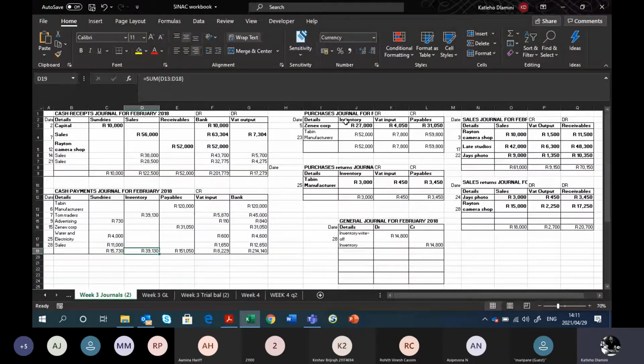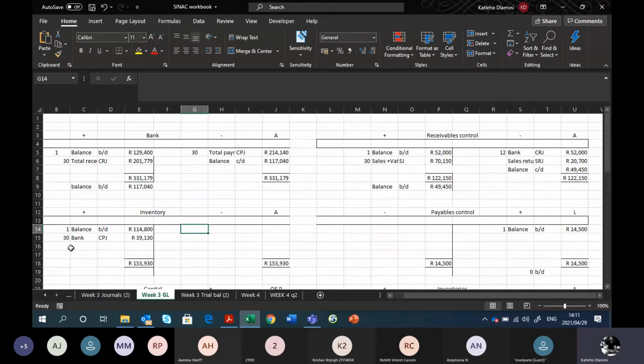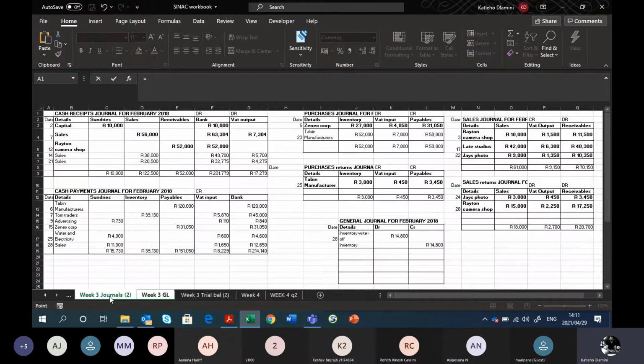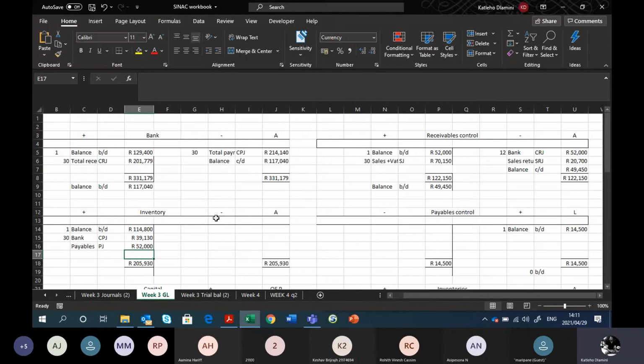Then if we go back, we purchase inventory here, 52,000. So I go back there, payables. Okay. And that's 52,000 over there. All right.